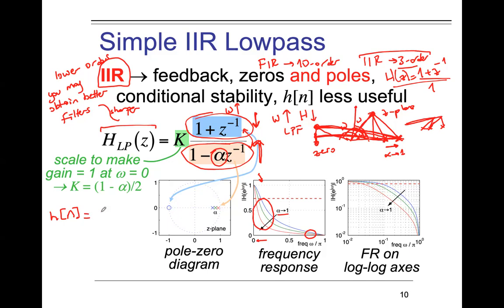Please write to chat. What is the h of n of this filter? Nurefshan, did you say something? No hocam. Friends, pencil in hand. I want you to write h of n first on your papers, then to the chat.